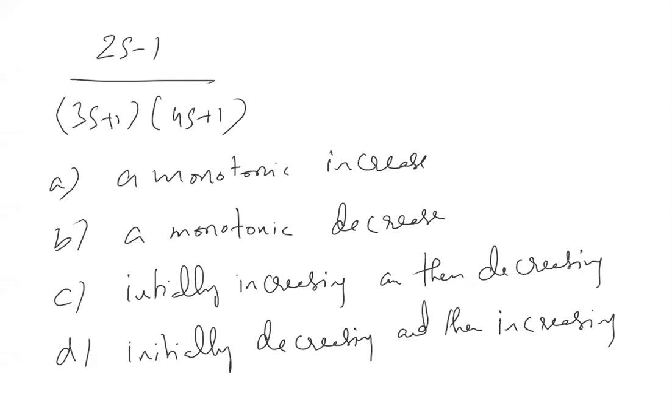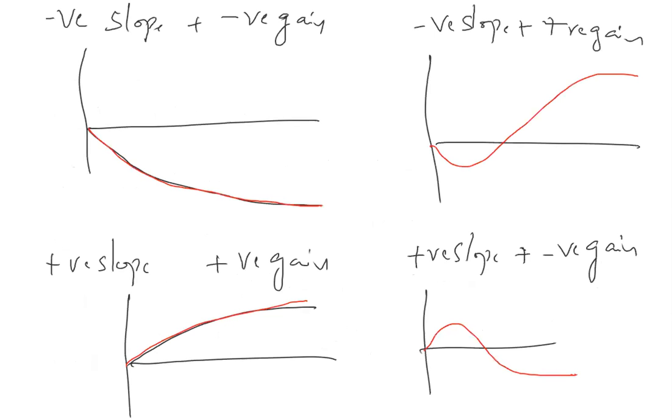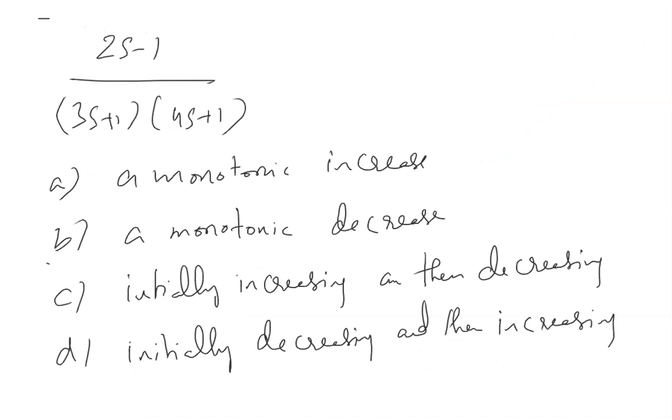As I said before, if you get negative slope and negative gain, then it is a monotonic decrease. If you get negative slope with positive gain, initially decreasing and then increasing. So this is also a GATE question.